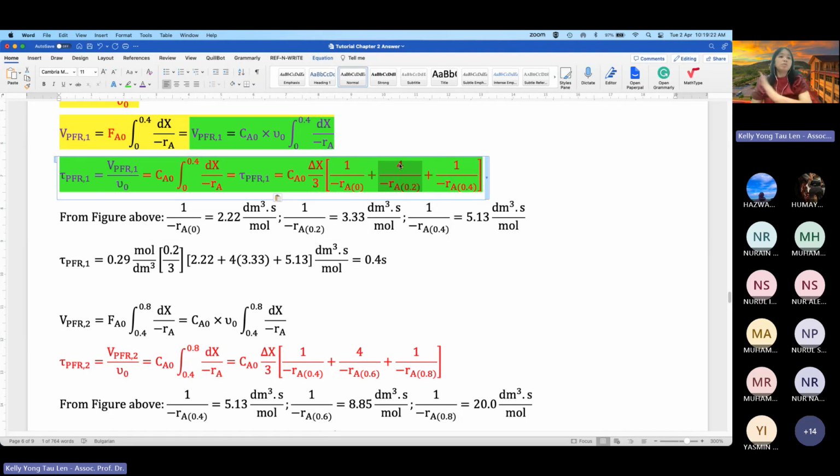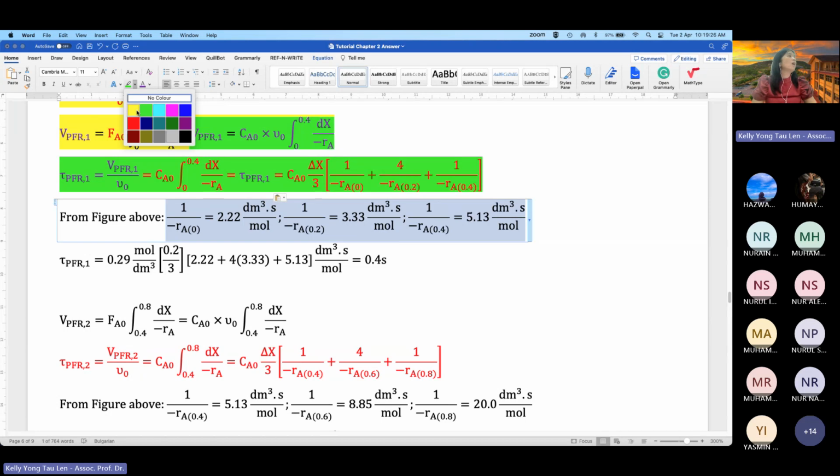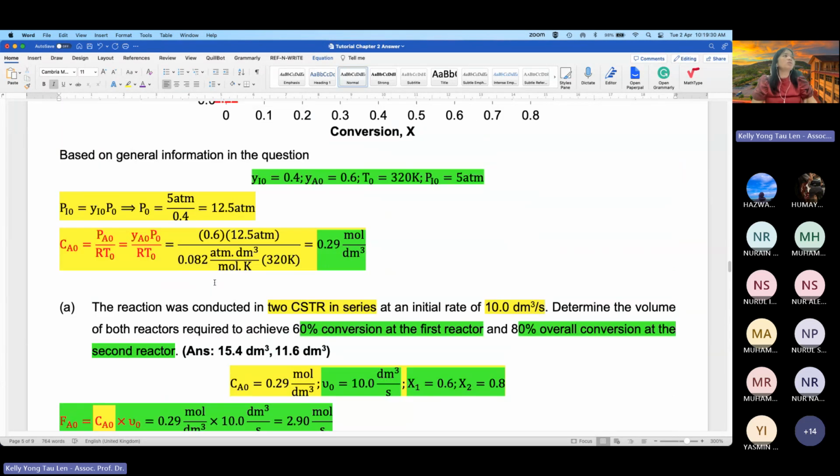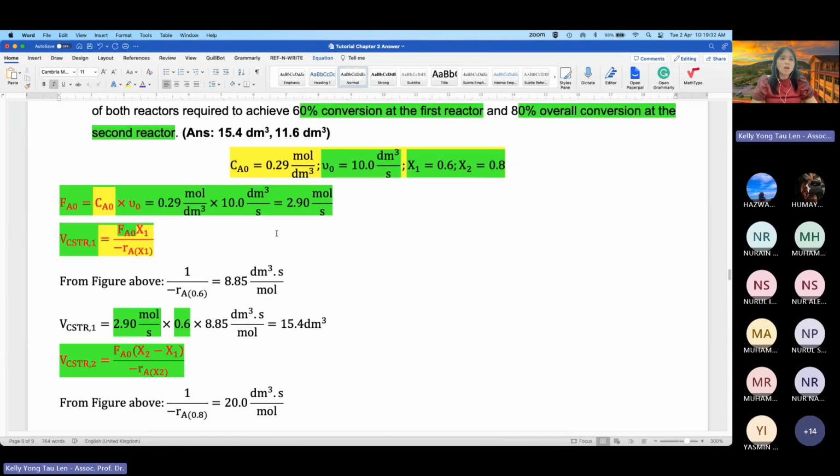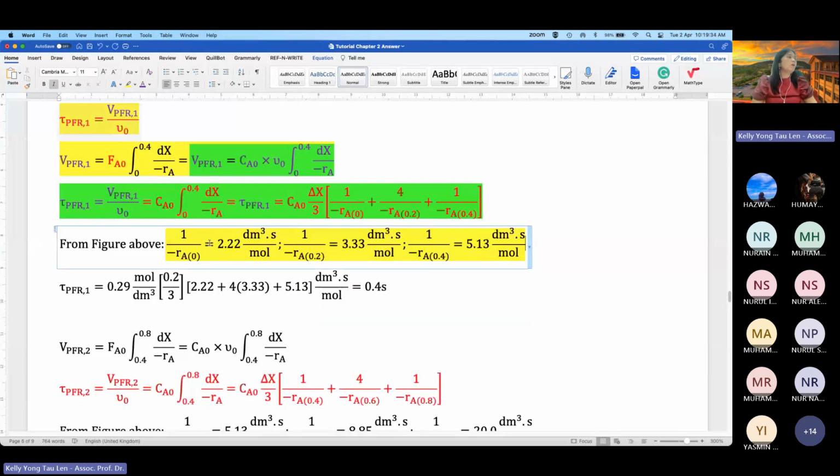So when you know the 3 points, you look back at your Simpson 1/3 and at the Levenspiel plot. From the Levenspiel plot, when my X is 0, 1 per minus RA is 2.2.